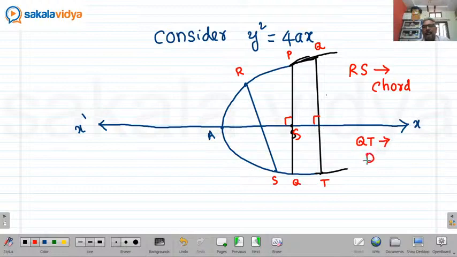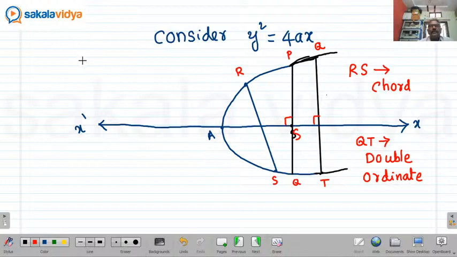That's why it is called double ordinate. The QT is perpendicular. QT is a chord but it is perpendicular to the axis. So QT is called double ordinate.